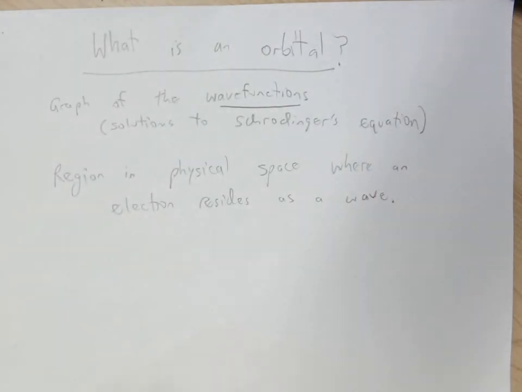So the region in physical space where an electron resides as a wave, and we used to think that an electron was a particle, that it does have a little mass, and that it would bounce around like a ping pong ball or whatever and bump into things.